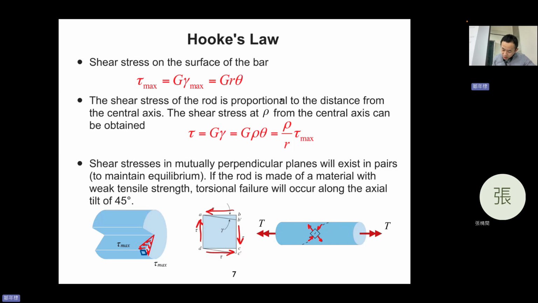If the rod is made of a material with weak tensile strength, the material is not strong enough to resist the tension, so you will have 45-degree cracks. Concrete is a material that is weak in tension. That's the reason you see cross cracks.